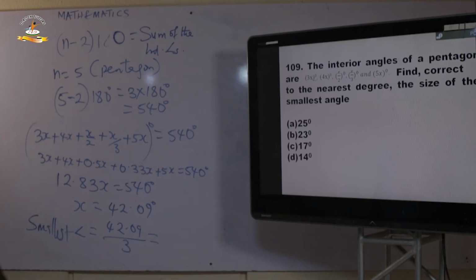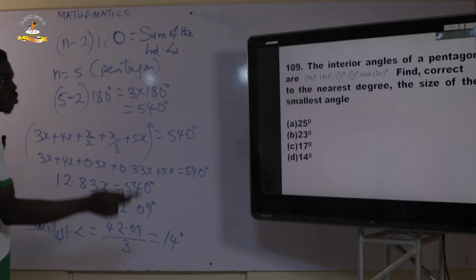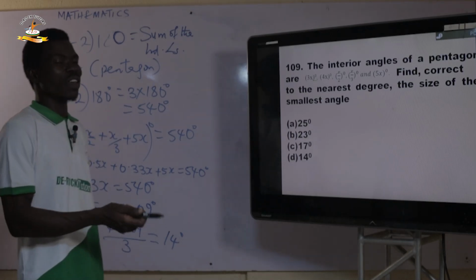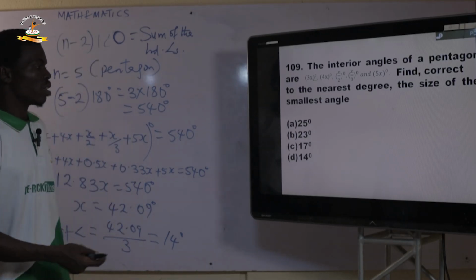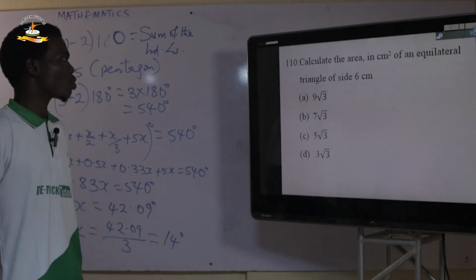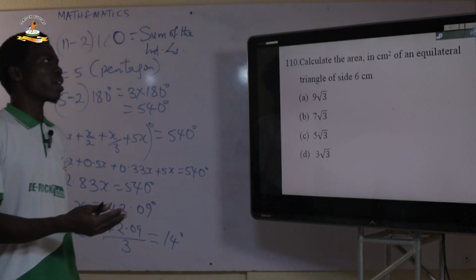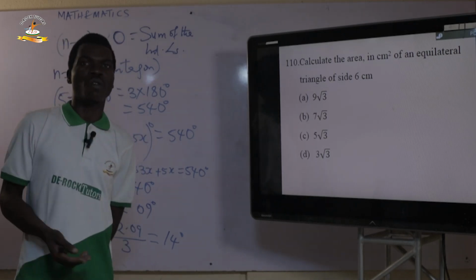And if you do this very well, it is approximately 14 degrees. Because the question says to the nearest degree, so it is 14 degrees. So the correct option is what? Option D.